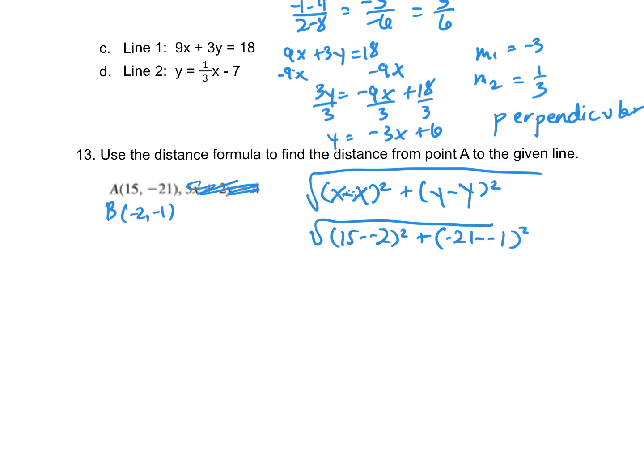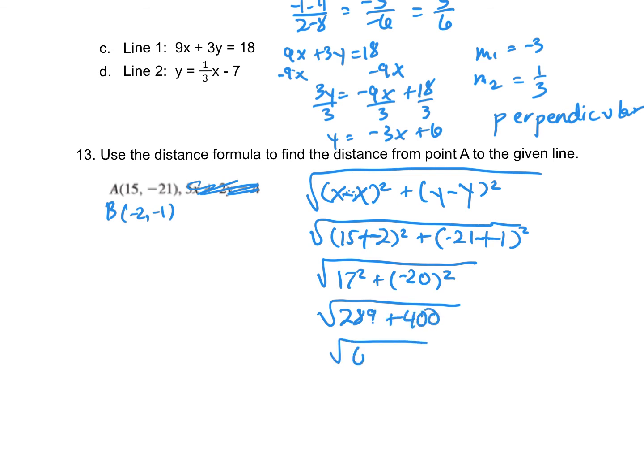These turn into pluses. 15 plus 2 is 17 squared. Negative 21 plus 1 is negative 20. Doesn't matter, but 20 squared. This gives me 289 plus 400, square root of 689, or if you punch it into the calculator, 26.2.